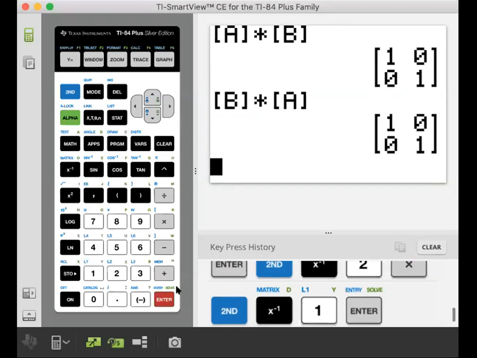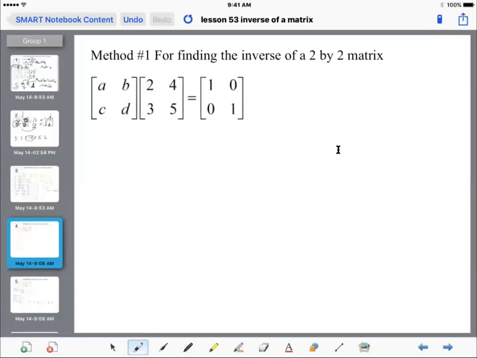So the next question that you were wondering, and I'll bring back up the iPad, is it possible to find the inverse of a 2x2 matrix? And the answer is yes. There's actually 3 ways to do it.